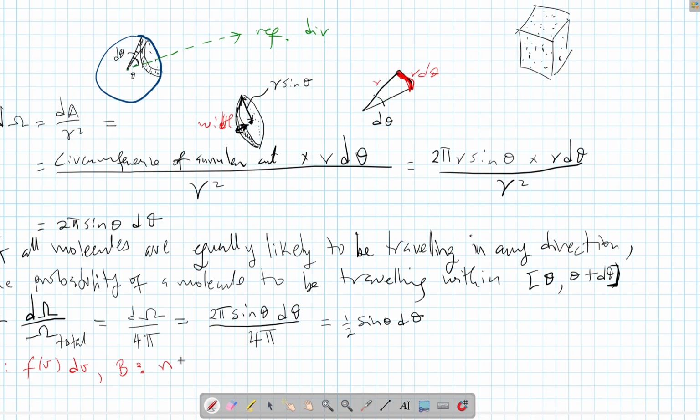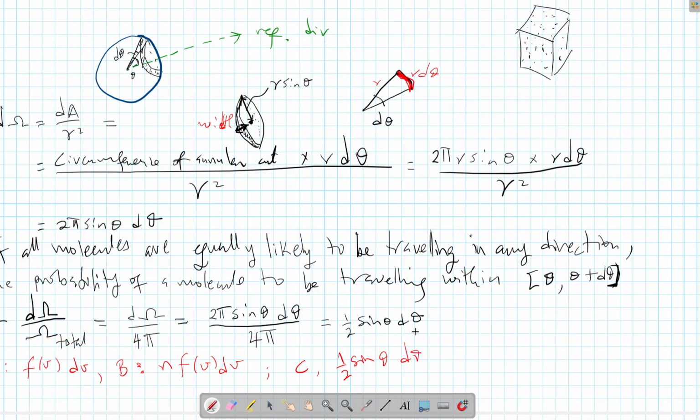If you have number density n for the gas, then n f(v) dv is the average number density. And now we have C, which is the probability of finding a molecule to be traveling within an angle interval theta and theta plus d theta, so this is 1/2 sine theta d theta.